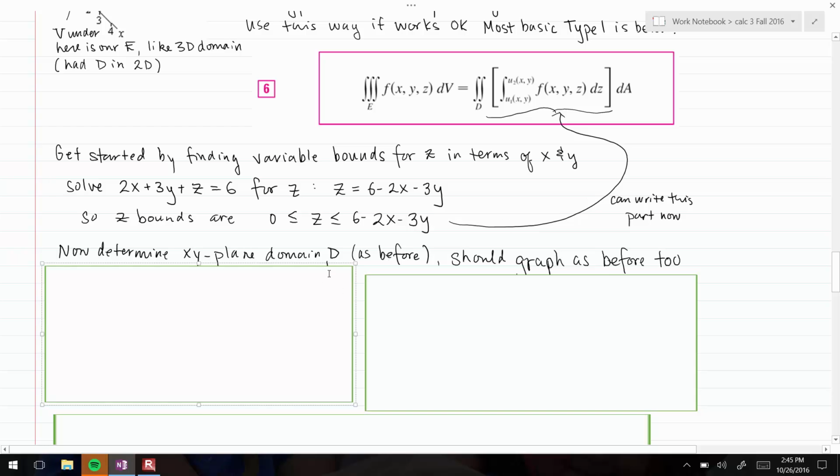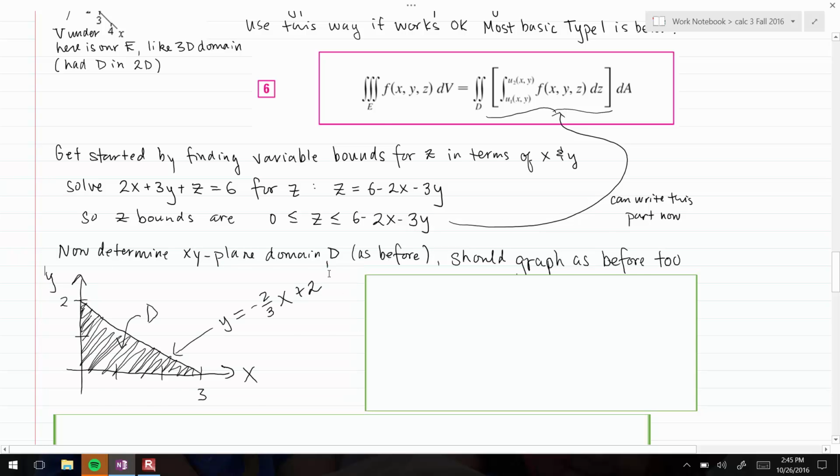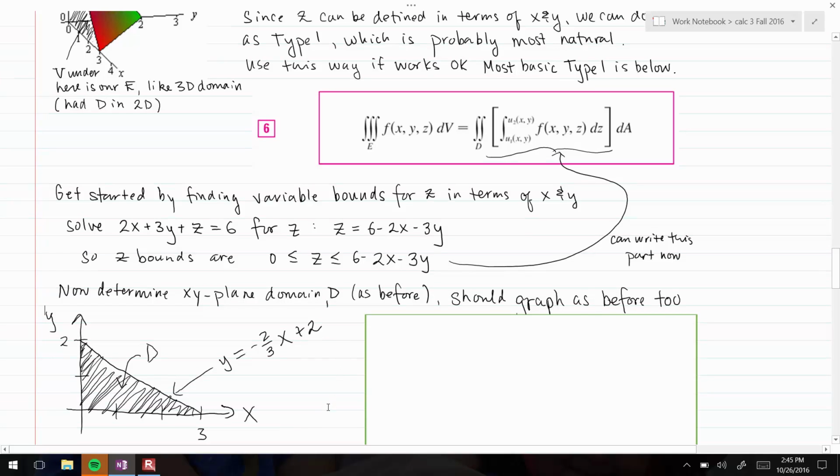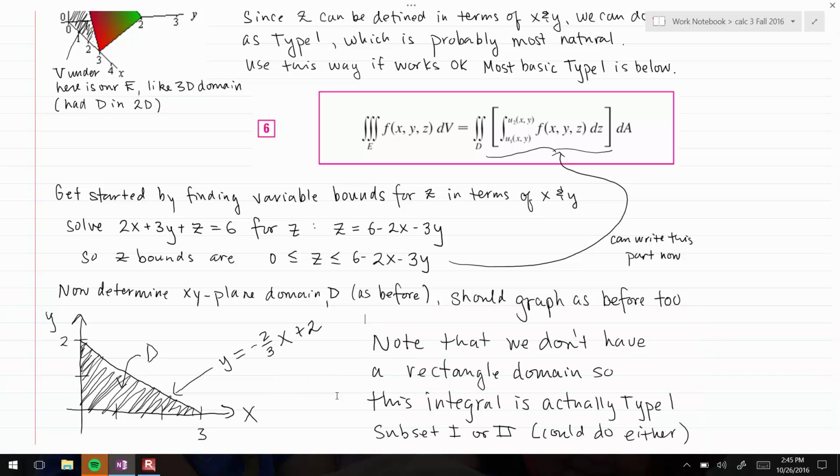So these are a lot of work, is to graph that domain. So in your equation, you could set your z equals 0 to figure this out. The intercepts are shown there, so somehow characterize that line. One way is express y in terms of x as negative 2/3 x plus 2.